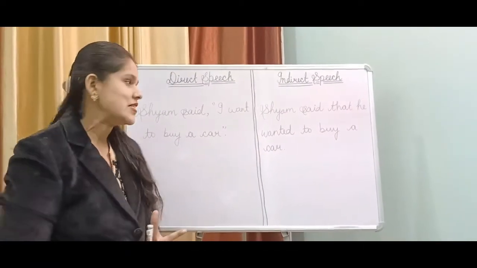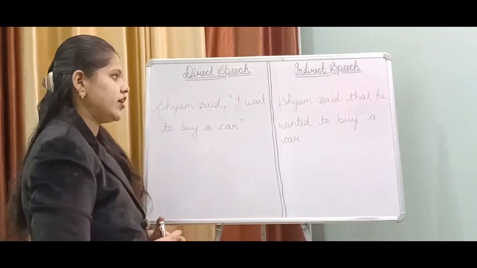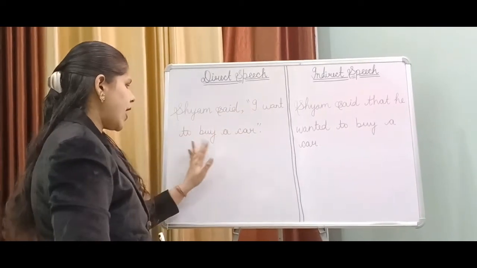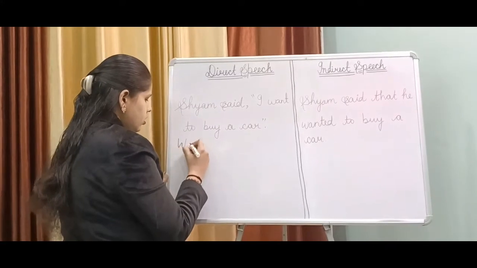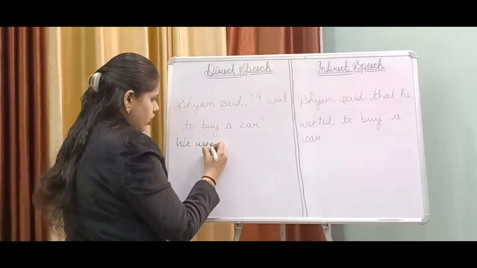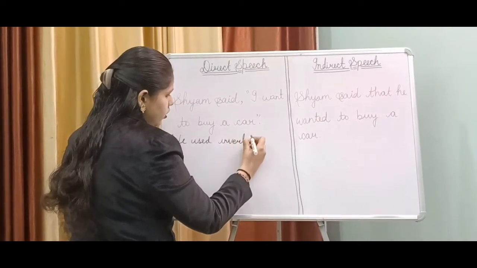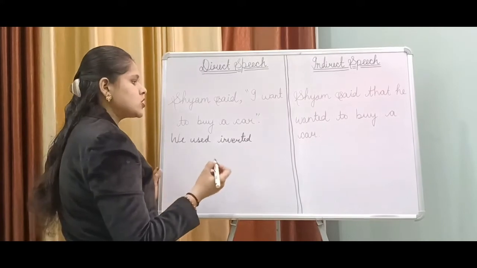Now let's take an example for better understanding of direct and indirect speech. Shyam said, "I want to buy a car." Here we used inverted commas before the exact phrase used by the speaker.